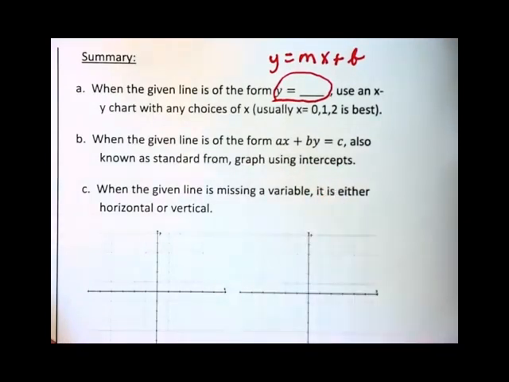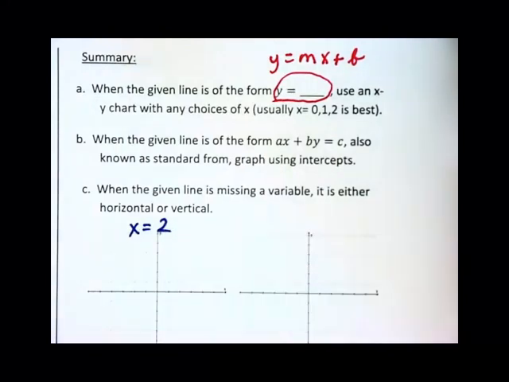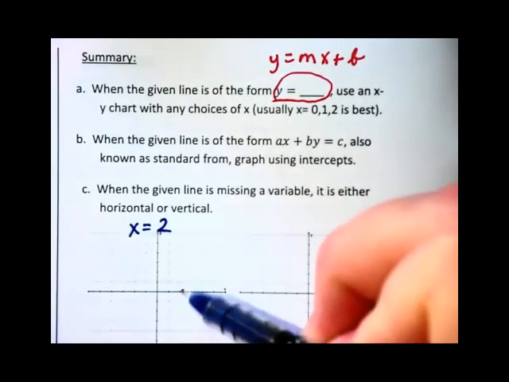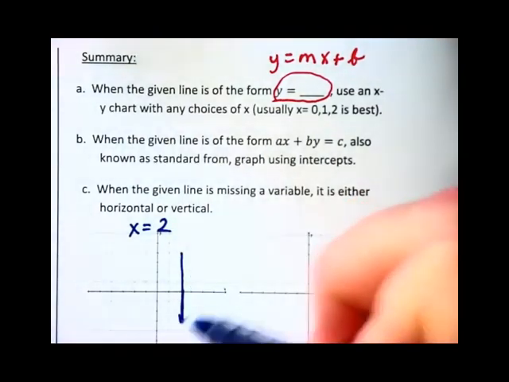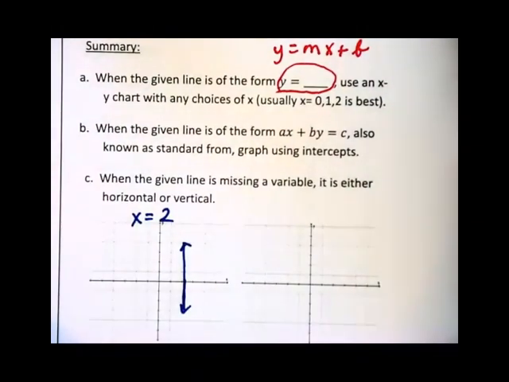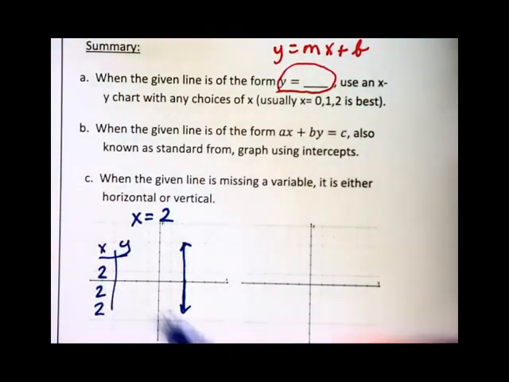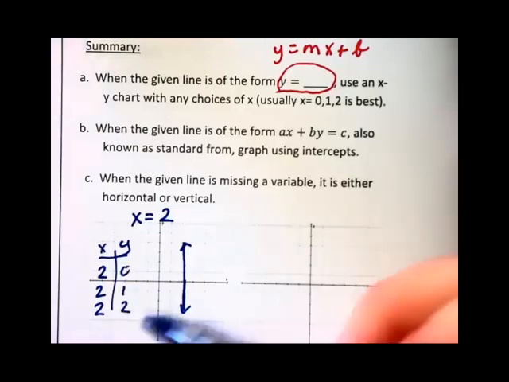Then in case number 3, which I haven't shown you, when you're missing a variable, let's say we have x is equal to 2. That's going to turn out being a vertical line with an x-intercept of 2. Now if you want a way to reason that out, if you thought of an xy chart, the rule is x is 2, no matter what y is, whether y is 0 or 1 or 10 million, doesn't matter, 2 will always be x.